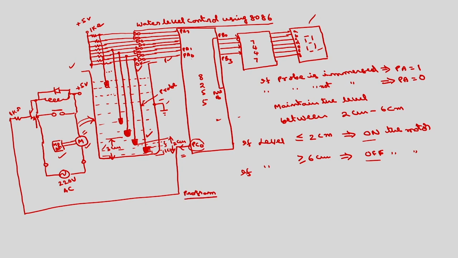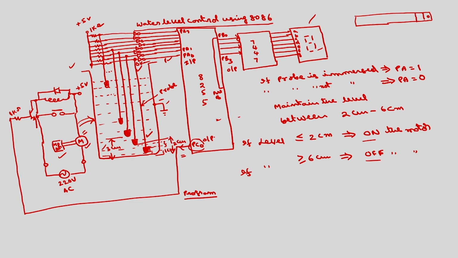Here we are using all the 3 ports, port B as output port, port C of course only one pin only output port, port A input port. Let us assume that I want to operate in mode 0. So what is the control word register? This is port C lower, I want output port 0.